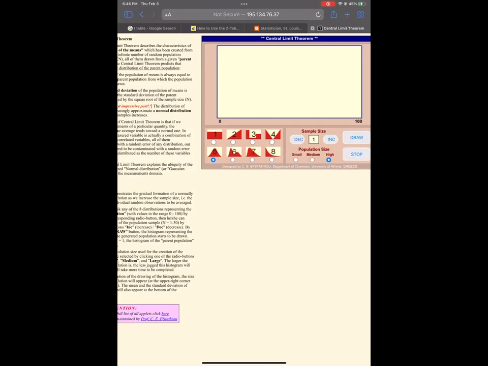Would you agree with that based upon the shape of the distribution? Yes. So if I tell this applet to do this experiment 100,000 times, what do you think the shape of the histogram is going to look like, at least approximately?